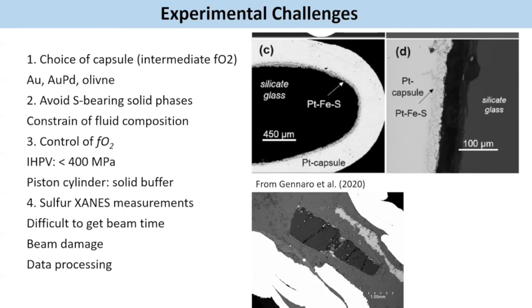One of the solutions, as Penny just mentioned, would be to directly measure the fluid composition, which has its own issues. For example, how to extract a very small amount of fluid, usually 10 to 20 milligrams, into the gas line. And sulfur is a very corrosive gas, so one would need a dedicated gas line to measure these kinds of experimental products.